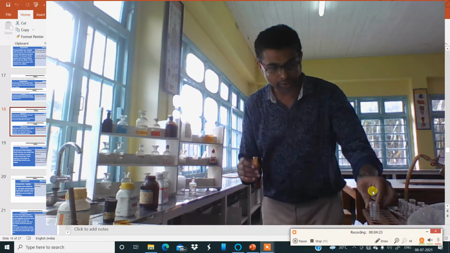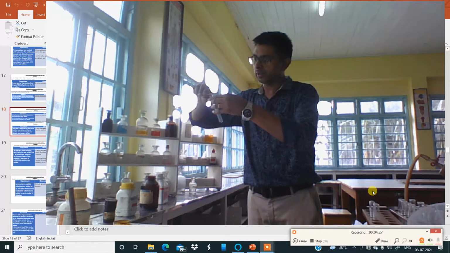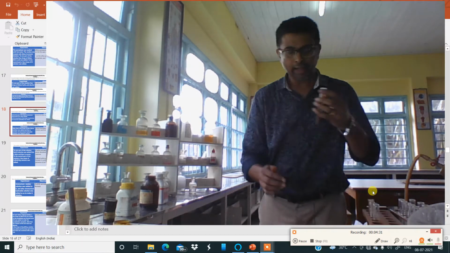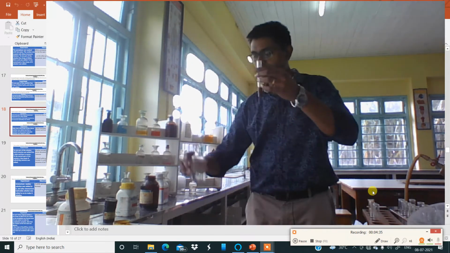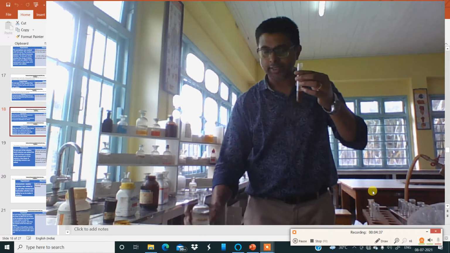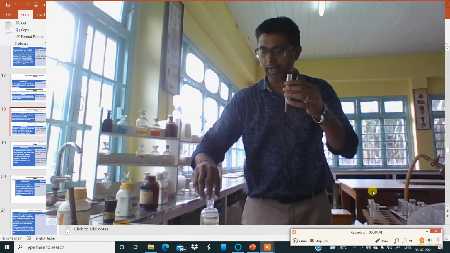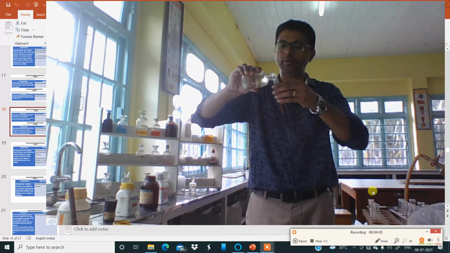I will take a little bit only of this precipitate into another test tube like this. I will take this much only, and then I will use dilute hydrochloric acid from the reagent bottle. I am following the steps strictly, whatever has been given in the instruction. So I am adding dilute hydrochloric acid to dissolve it.